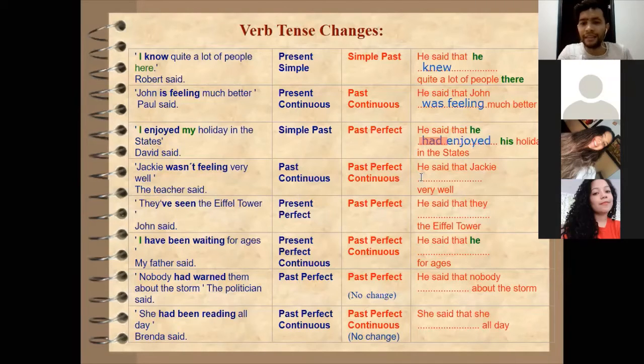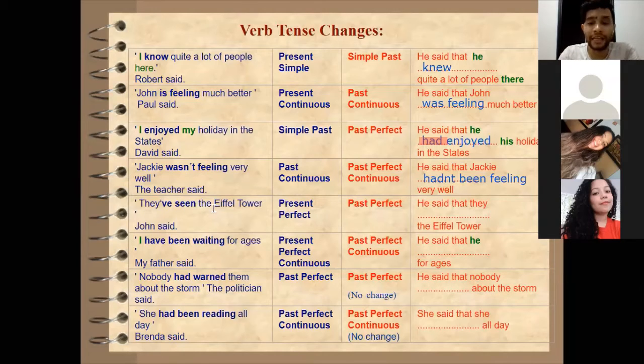He said that Jackie what? Hadn't been feeling. Perfect. Hadn't been feeling, right? He said that Jackie hadn't been feeling very well. Él dijo que Jackie no se había estado sintiendo bien, right? That's what you got right here. Following one.